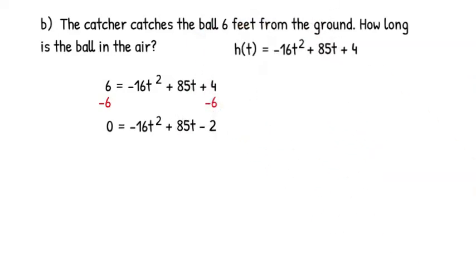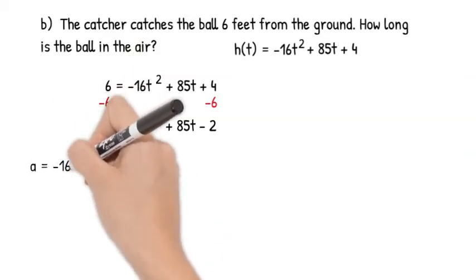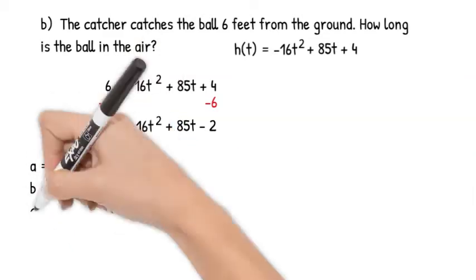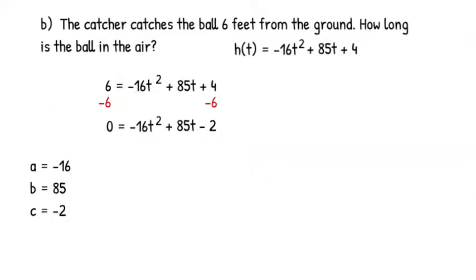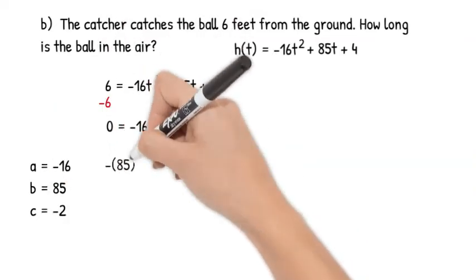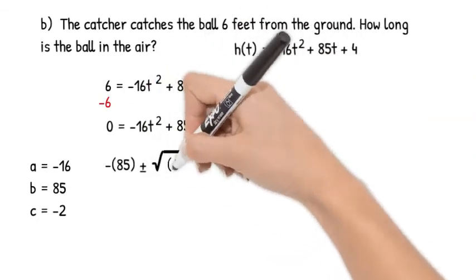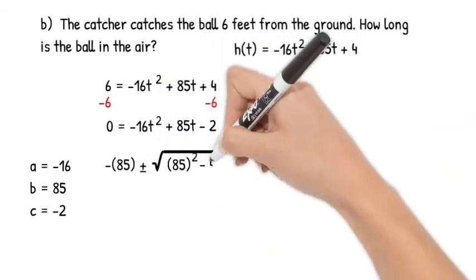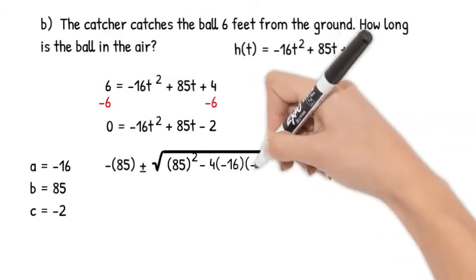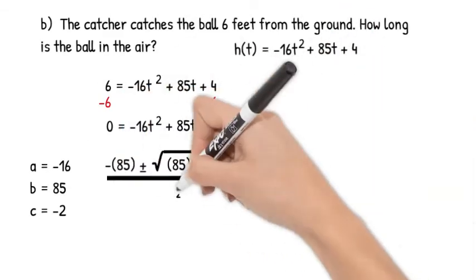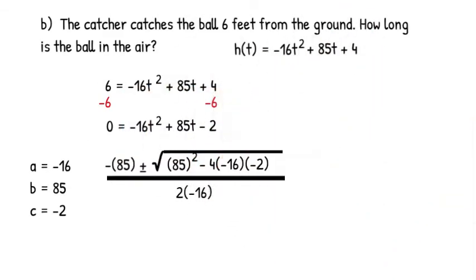So A is negative 16, B is 85, and C is negative 2. Plug those into our quadratic formula. We end up with negative 85 plus or minus the square root of 85 squared minus 4 times negative 16 times negative 2, all over 2 times negative 16.